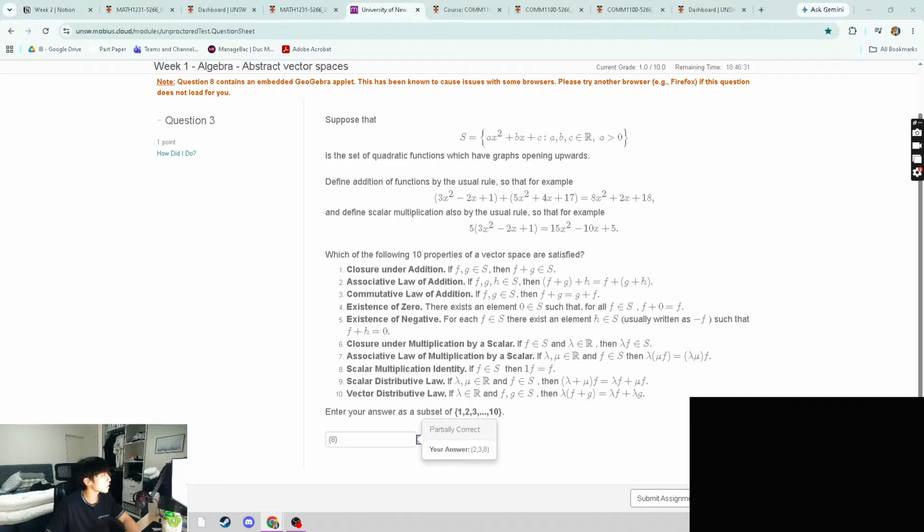Let's read this to ChatGPT. Let me think. My guess is closure under addition doesn't work, specifically because this is a set of quadratic functions, right?